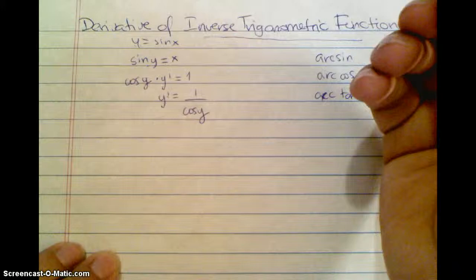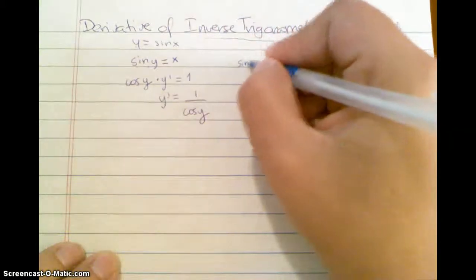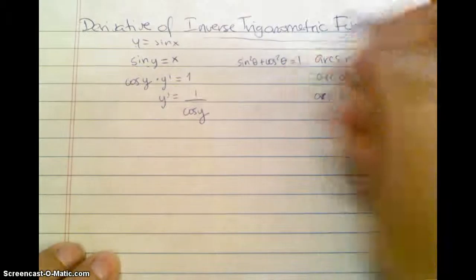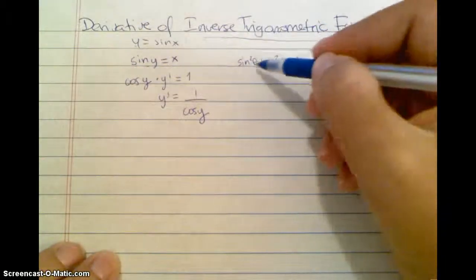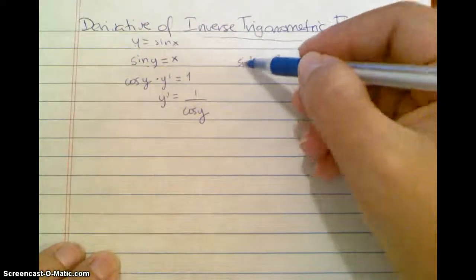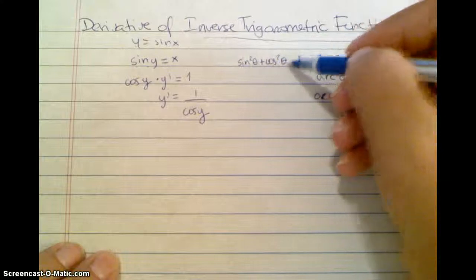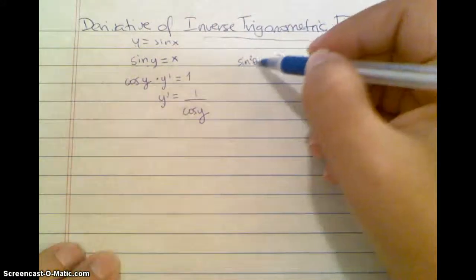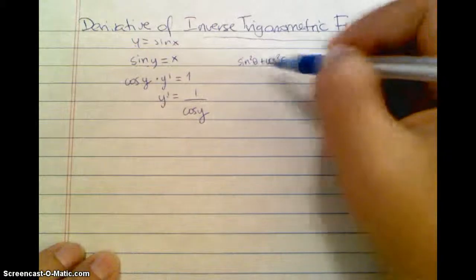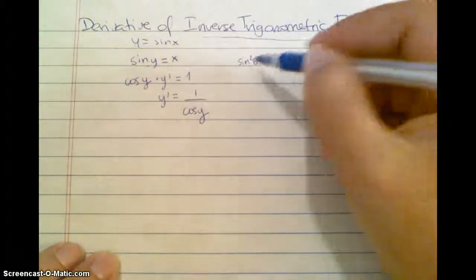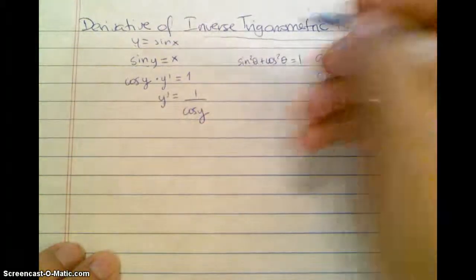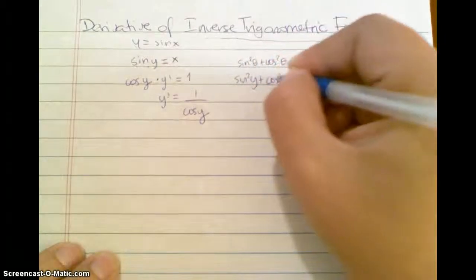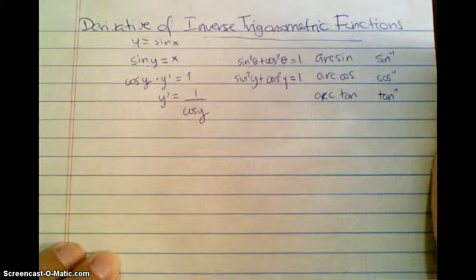Now the other thing we're going to use is the fact that sine squared of theta plus cosine squared of theta is 1. And it doesn't matter what variable I use here. I could say sine squared of x plus cosine squared of x equals 1, or sine squared of anything, star, cloud. As long as I'm using the same function, then this always equals 1. So I know that sine squared of y plus cosine squared of y equals 1 as well.